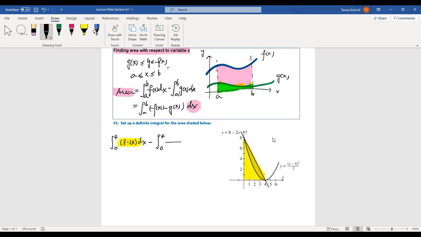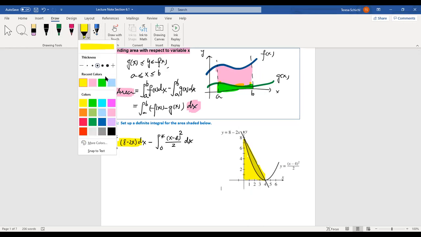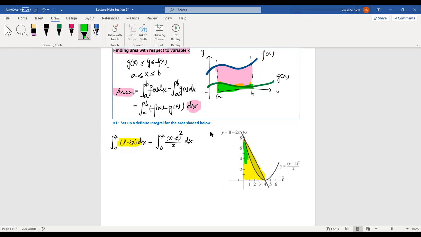So what is this one here? This is 2x minus 4 to the square dx, right? What is this area going to look like? This area is going to be here, right? It's the green area, below this curve and above the x-axis, right?